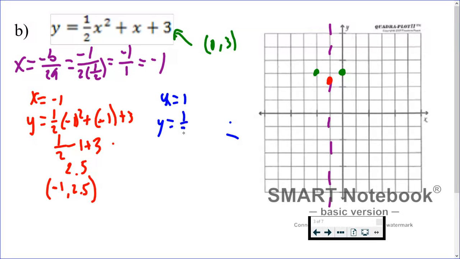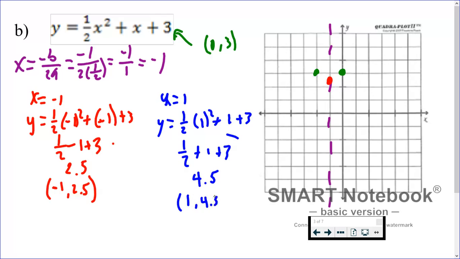So y is equal to 1/2 times 1 squared plus 1 plus 3. 1 squared is 1 times 1/2 is 1/2. 1 is 1, 3 is 3. So 1/2 plus 1 is 1.5 plus 3 is 4.5. So let's just make it 4.5. The ordered pair is 1, 4.5.